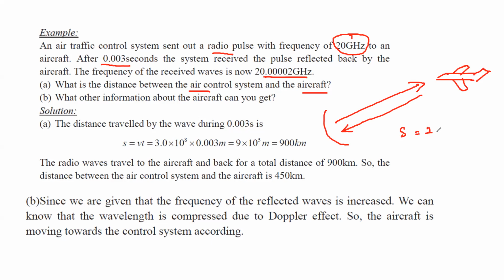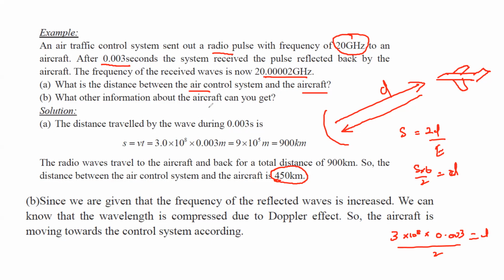So speed is equal to 2d divided by t, because the pulse is sent and received. We need the distance, so speed multiplied by time divided by 2 will give us the distance. As we send a radio wave, the speed is 3 into 10 power 8, the time interval for the pulse is 0.03 second, divided by 2. So the distance between the air traffic controller and the aircraft is 450,000 meters, or 450 kilometers.